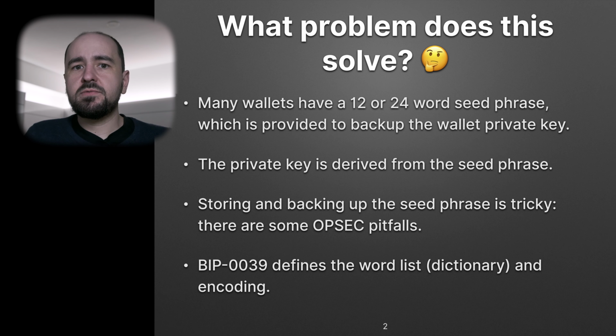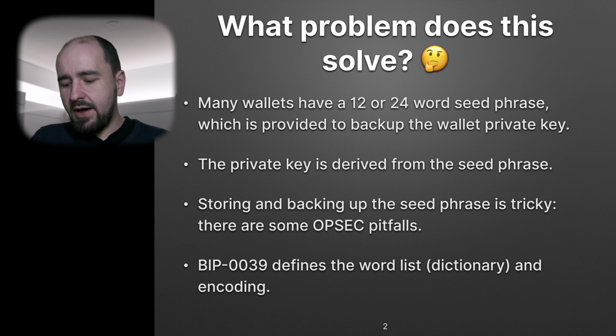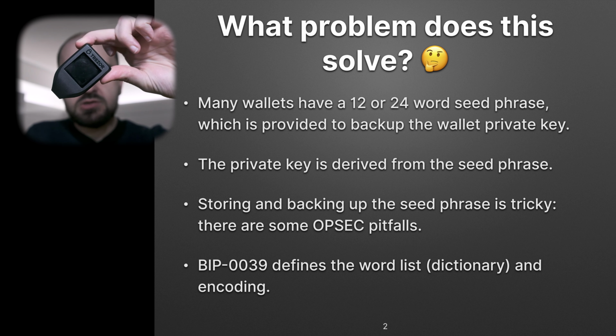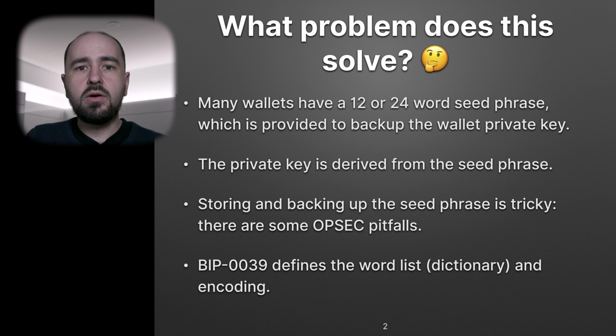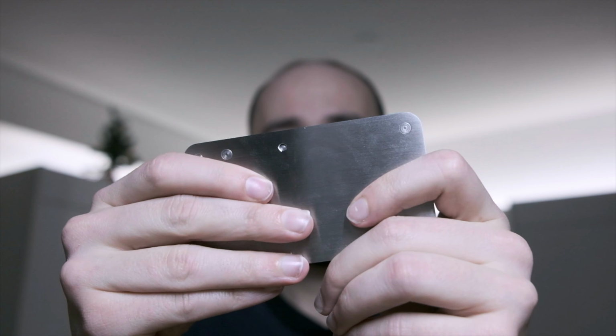So, seed OTP. What's the problem we're trying to solve? First of all, if you have one of these, like a Trezor, then you probably have some recovery seed words that you need to store. You may have something like this.